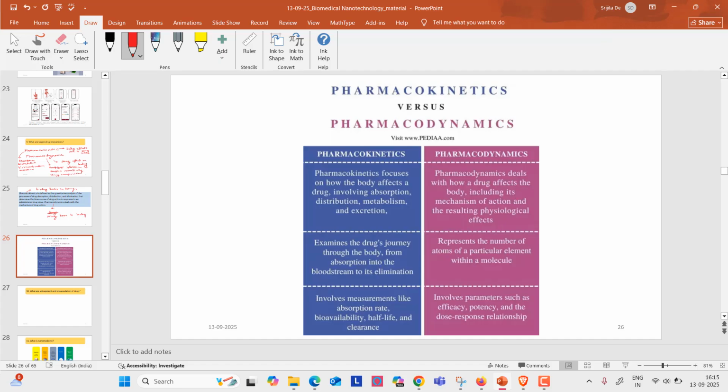Pharmacokinetics examines the drug's journey through the body, from absorption into the bloodstream to its elimination or excretion. Pharmacokinetics involves measurements like absorption rate, bioavailability, half-life, and clearance. Pharmacodynamics involves parameters such as efficacy, potency, and the dose-response relationship. Okay, I think it is clear.